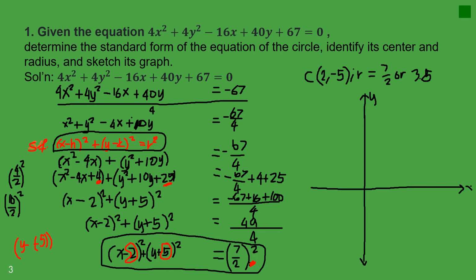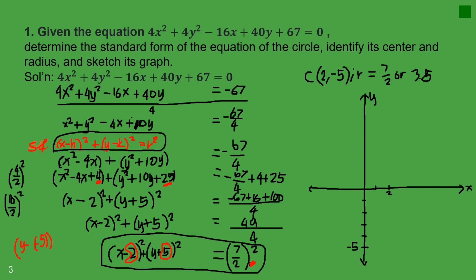Alright, let's try to mark the grids. So we have 2 and negative 5. Let this be 1, 2. And negative 5. Let's try to make the grids equal. This is negative 1, negative 2, negative 3, negative 4, and negative 5 somewhere here.